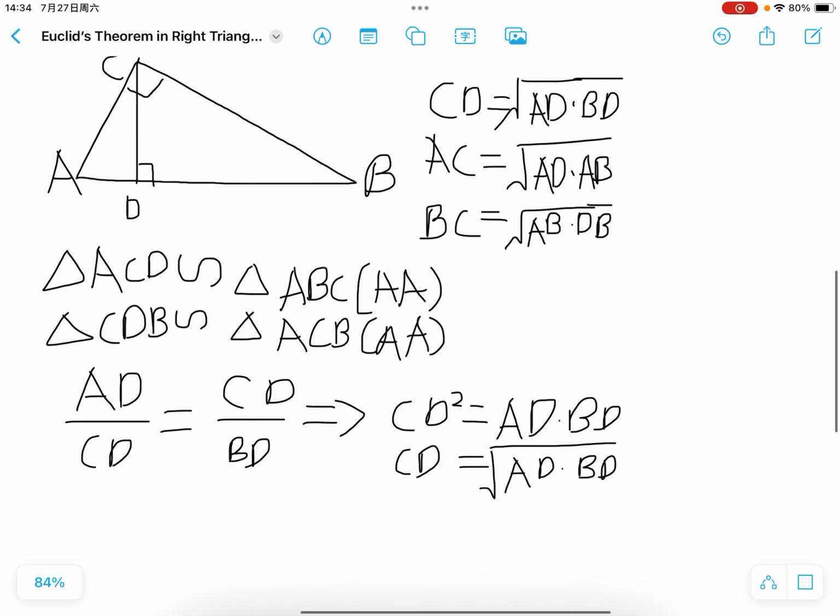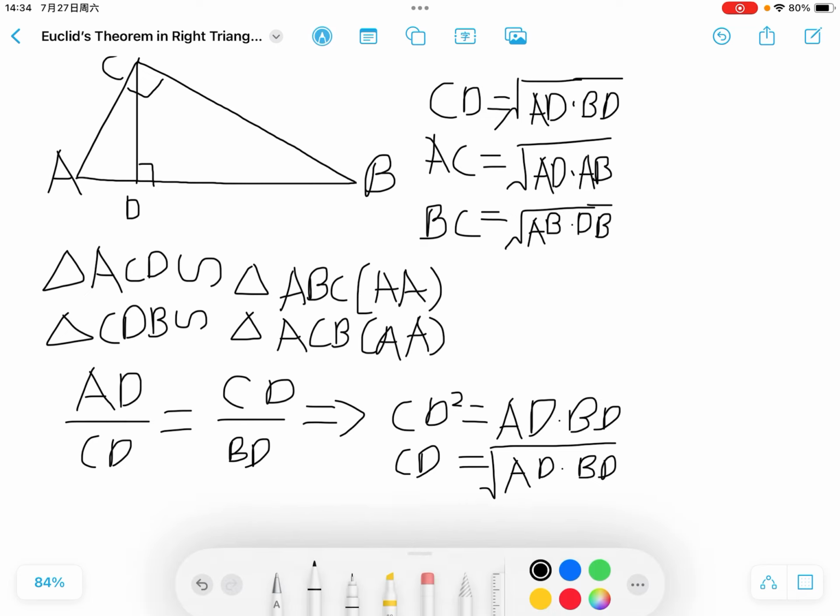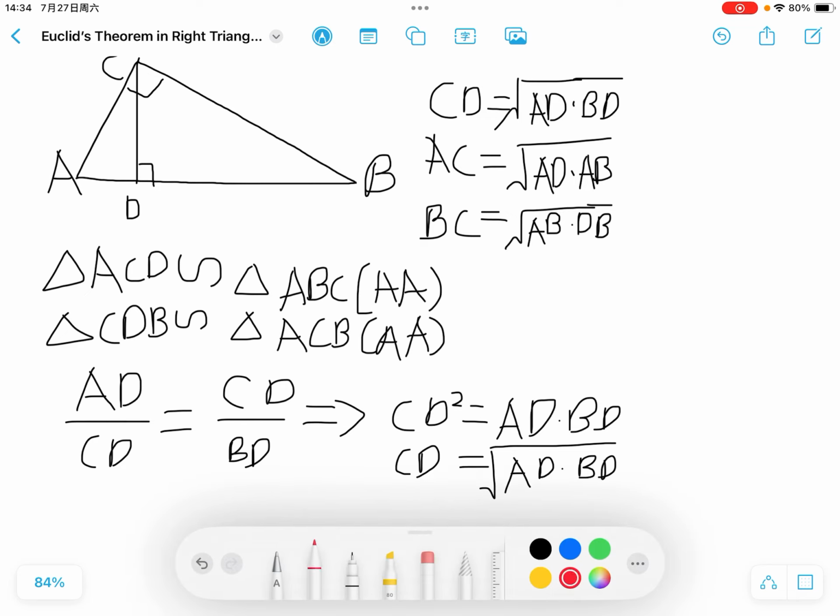Basically, we want to find two triangles in this triangle ABC which include sides AC, AD, and also AB. So now we should pick triangle ACD and triangle ABC. What happens after that?